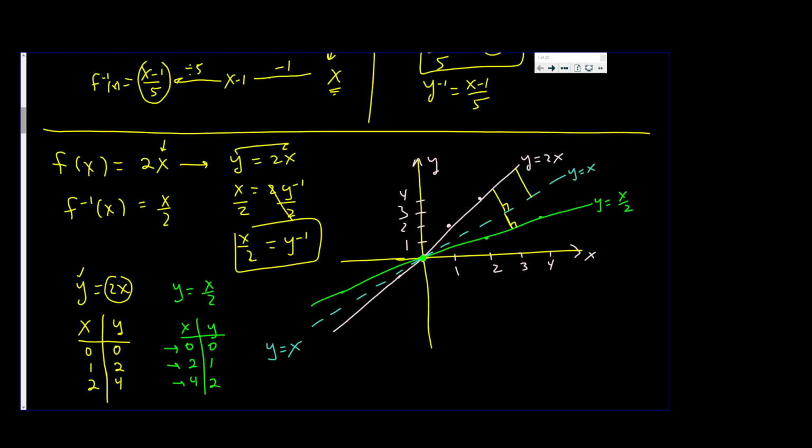Whatever distance this is, I have to go with a right angle, this distance is going to be the same length. If I go over here that amount, and over here that amount, I'll hit both graphs. They're equidistant.